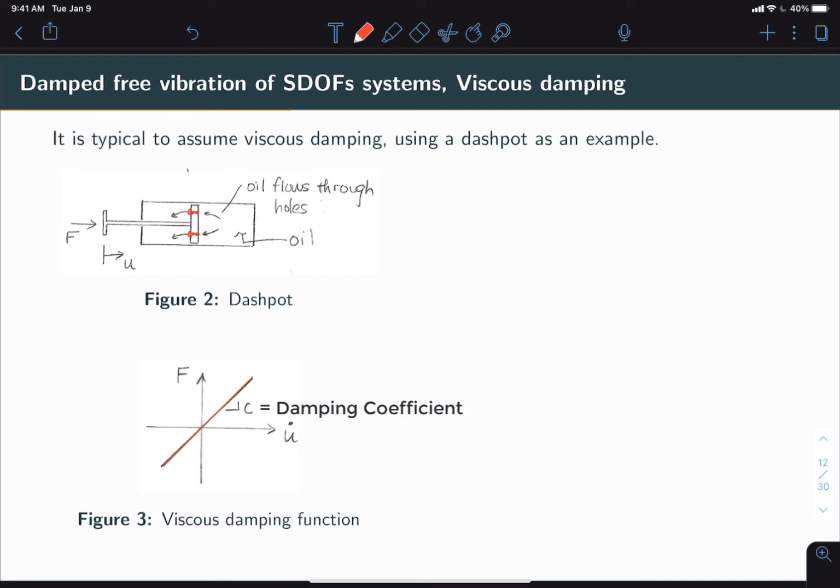So this leads us to 3 key observations. The first one is that force is proportional to velocity, or U dot.